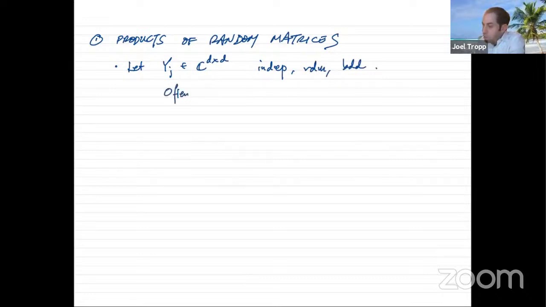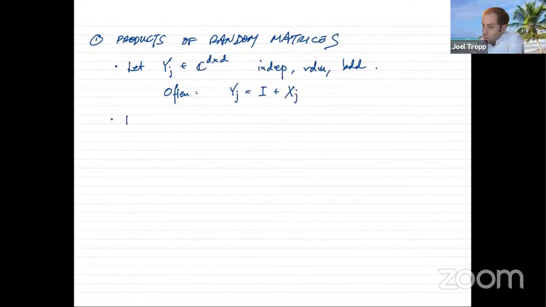It's often going to be the case that these random matrices that we're going to multiply together in just a moment take the form of the identity plus a small perturbation X_j. So the identity part is not random, and the X_j is a perturbation of the identity. And this is a special form that comes up quite often.